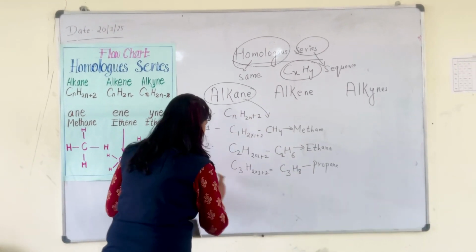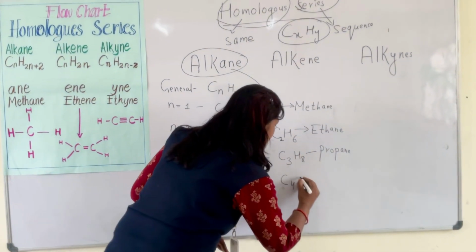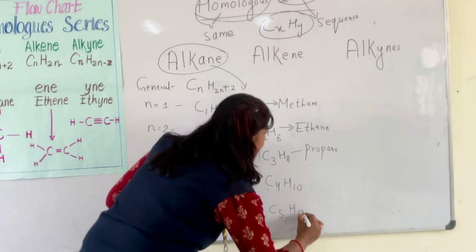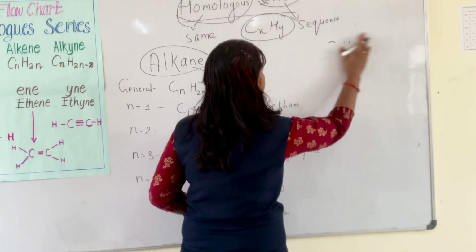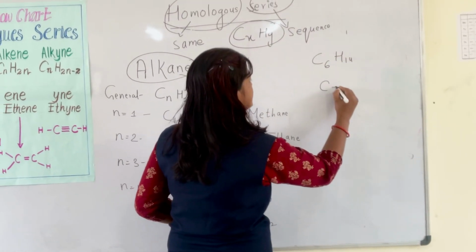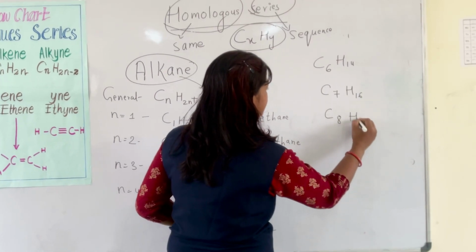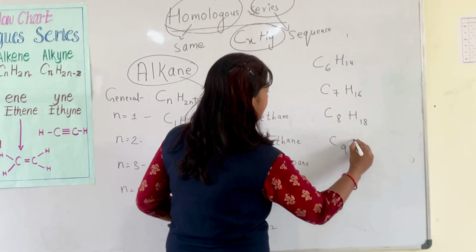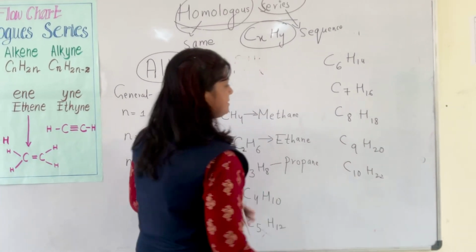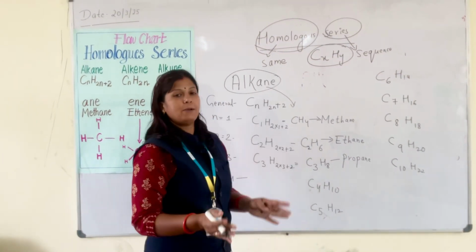For the next ones, without taking n equal to 4, you can write directly C4H10, C5H12, then C6H14, C7H16, C8H18, C9H20, C10H22. Just increase hydrogen by 2 and carbon by 1.